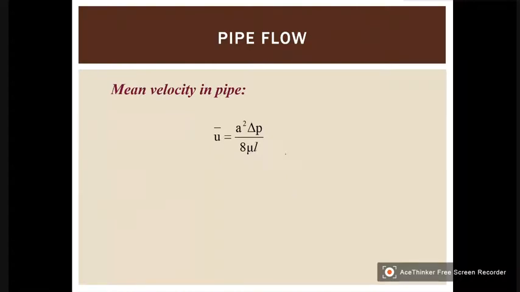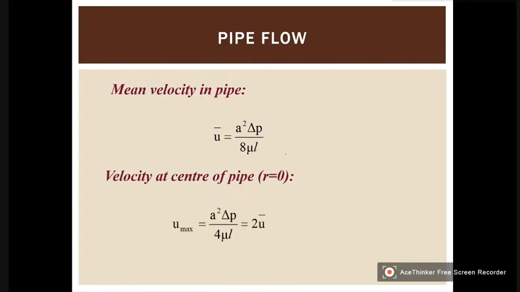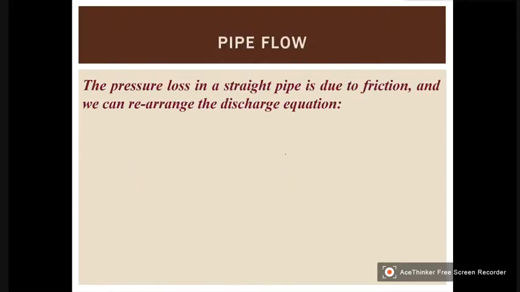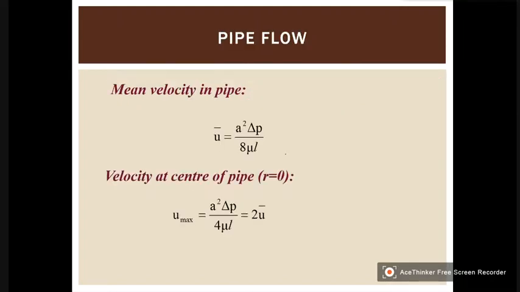These equations I have given for a horizontal pipe. All of you, in your notes, write the corresponding equations for an inclined pipe. That means you replace P by P plus gamma H. So if you just use this expression, this is the average velocity.